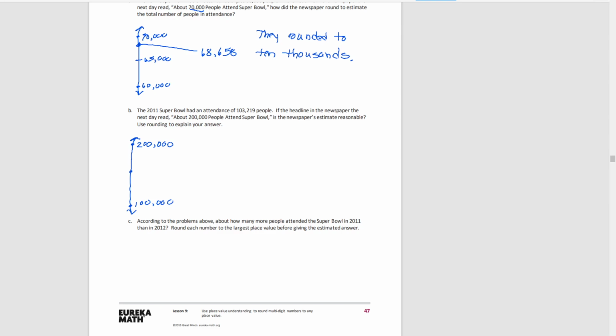The midpoint would be 150,000. And the actual number was 103,219, which would come here. So the estimate isn't reasonable, because if they were rounding to the 100,000s, the correct estimate would be 100,000. So my answer is no. The estimate isn't reasonable.